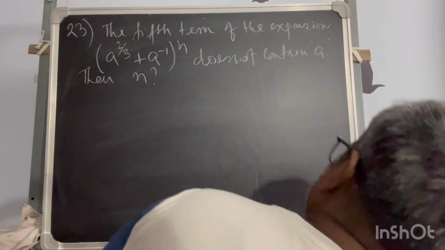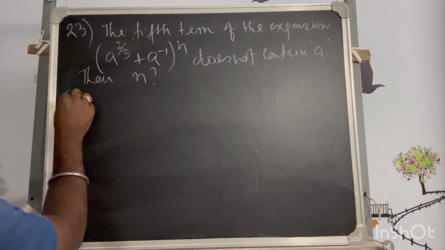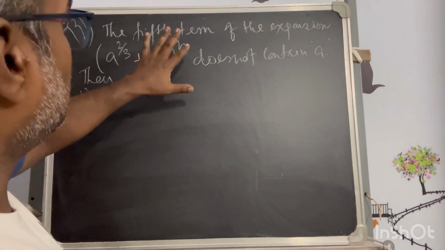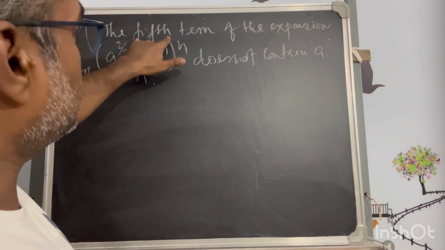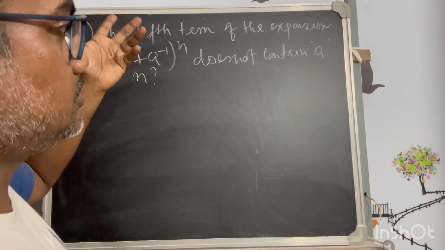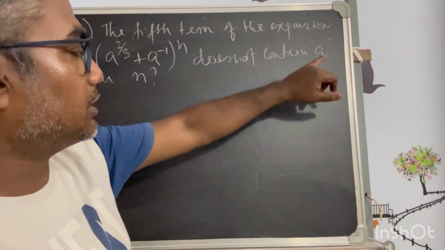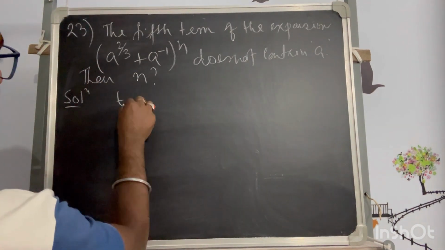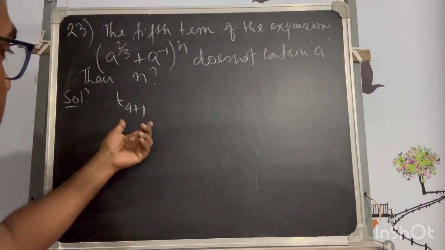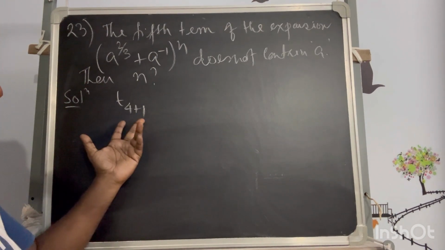Now, a little bit of a twist is given here. It already says which term has the power of a equal to 0. The fifth term is 4 plus 1, as per the orientation; it will be easier if you write it this way.